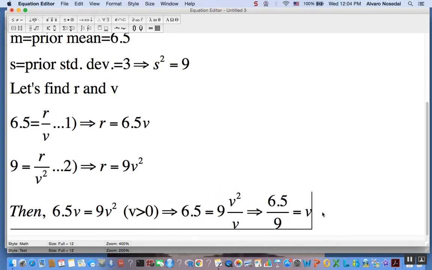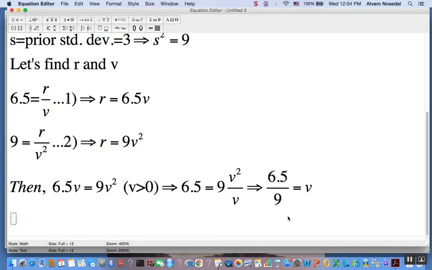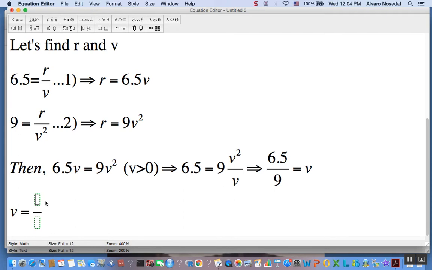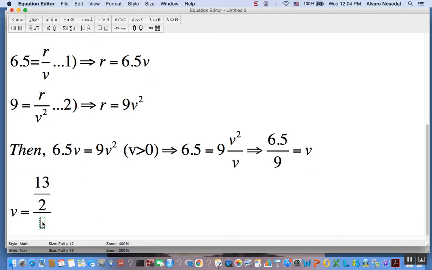Let me re-express that V in a different way using fractions. 6.5 is the same as 13 divided by 2. So that would be the numerator. Let me do the denominator: 18 divided by 2 would be the same as 9. Agreed?